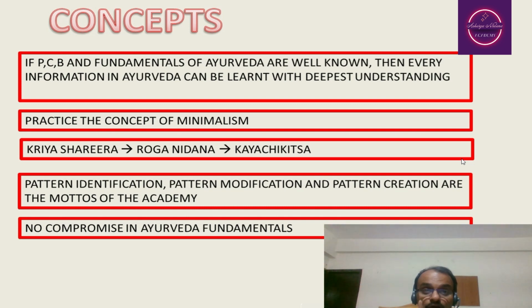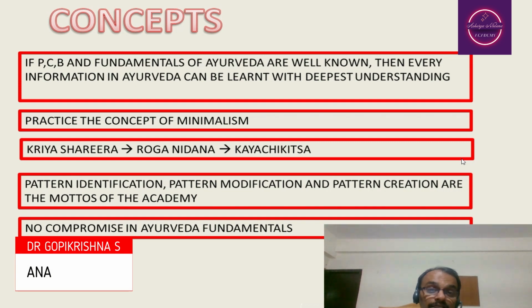So we have to avoid sour buttermilk. That is pattern modification. And third thing, pattern creation. We have to consume substances which are devoid of sourness, or otherwise take simple milk or simple warm water.